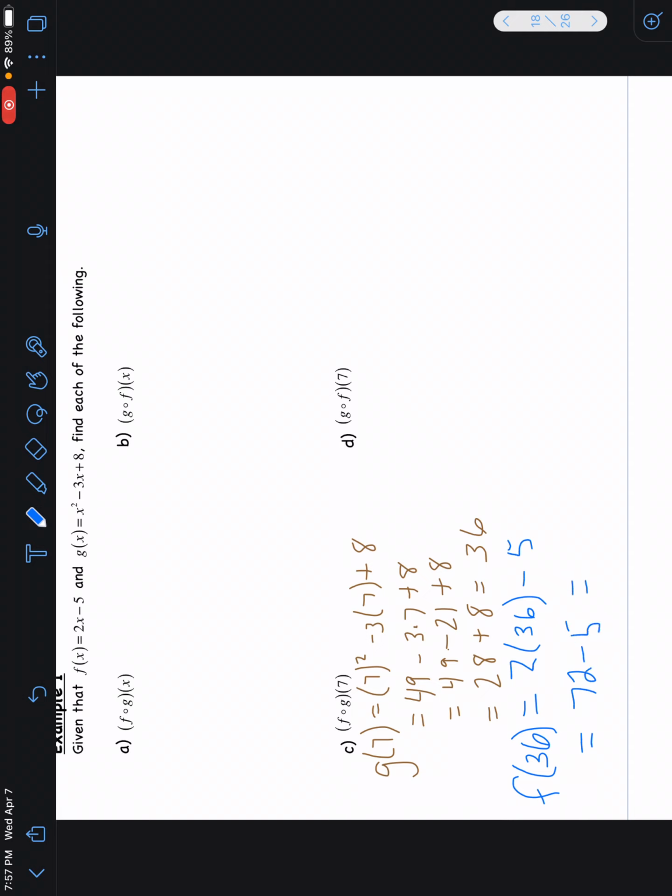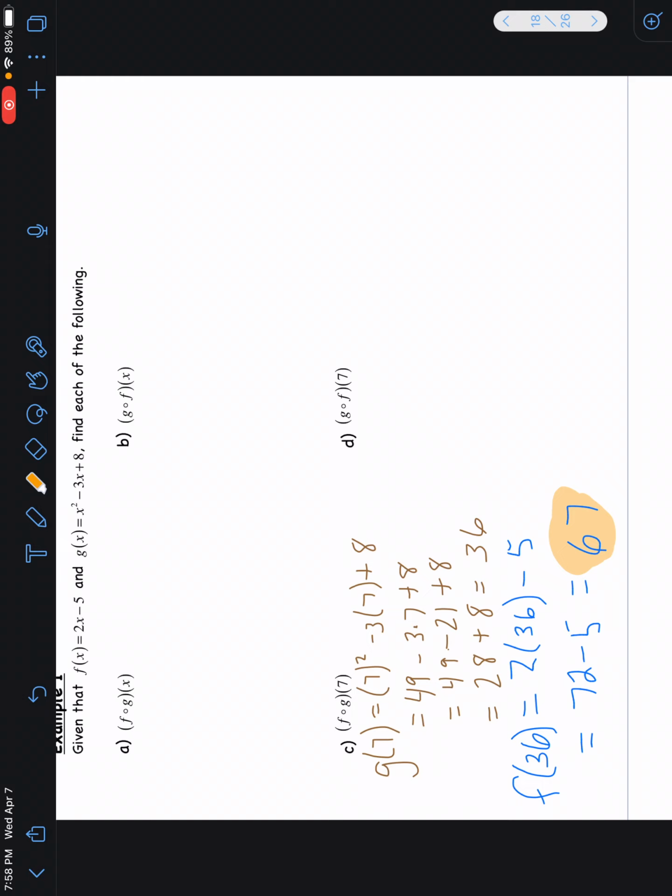Minus 5 is 67. So the answer to the problem is 67. Again, 36 is not a solution. It's not an answer to this problem. It is the output of function g that becomes the new input for function f. And that's what function composition is.